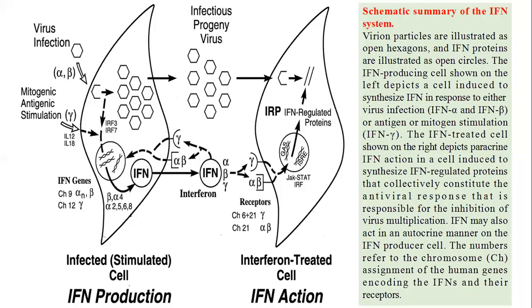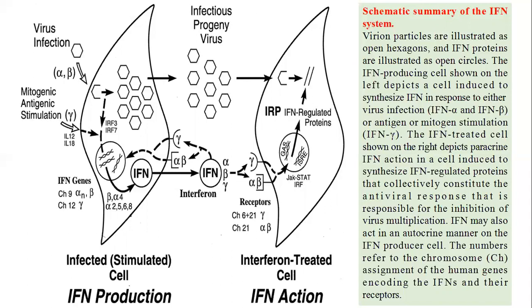Here you can see how the infected cells get stimulated by interferon alpha or gamma, and one particular pathway they initiate is called the JAK-STAT pathway. I'm coming to that later.